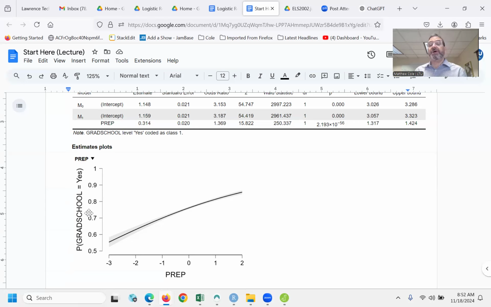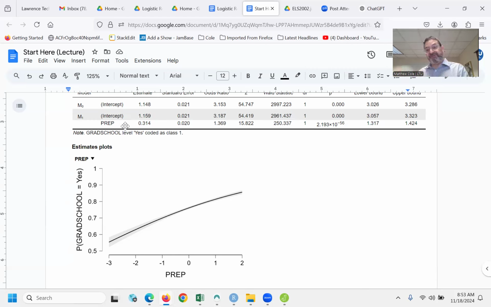The odds ratio is telling us the odds of getting into grad school relative to not getting in grad school as a function of the unit increase in the continuous variable, or if the independent variable is categorical, the class that we're referring to, that relative to the reference class.